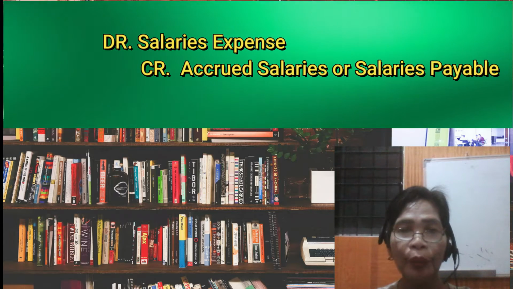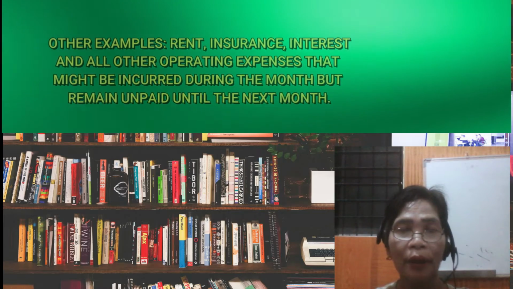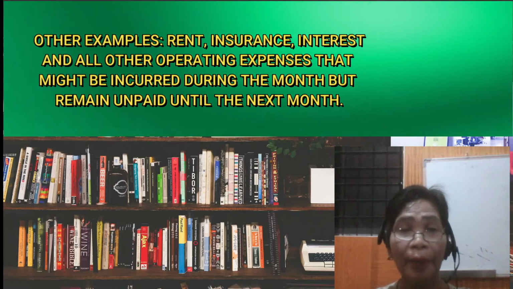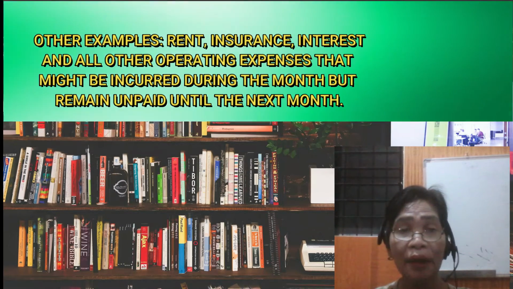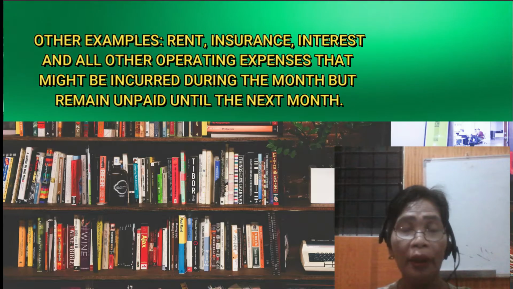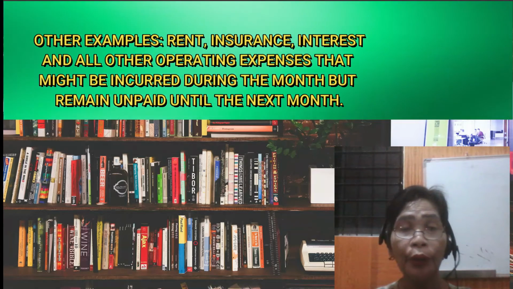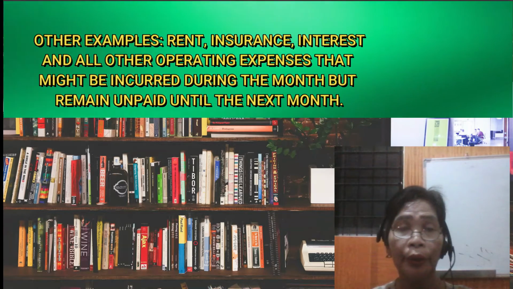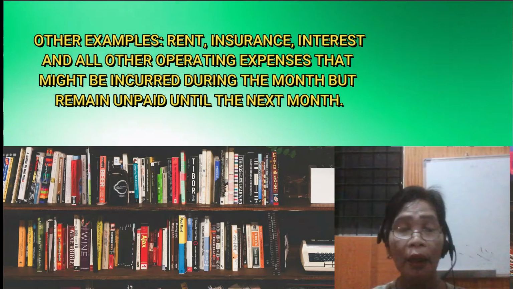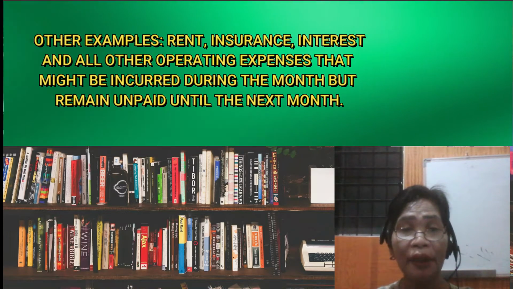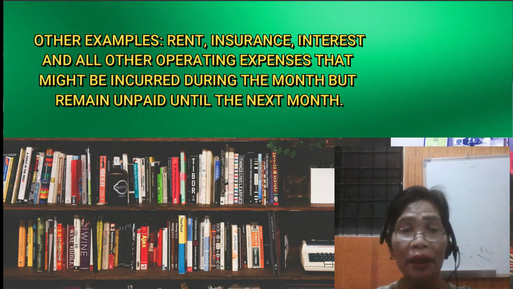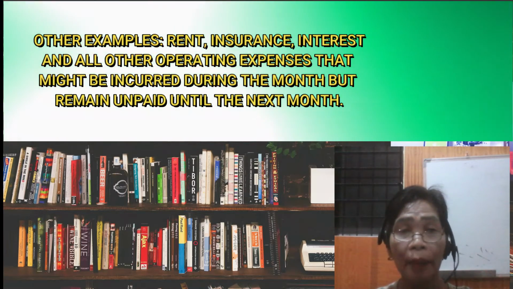There are still other examples. We have rent, insurance, or any operating expenses that remain unpaid during the month, because this happens if you're going to prepare the income statement or close the books. If you're going to make your financial statements monthly, you are going to include all those expenses that are not paid during the month, but since they are a part of the expenses during that month, you have to include them.